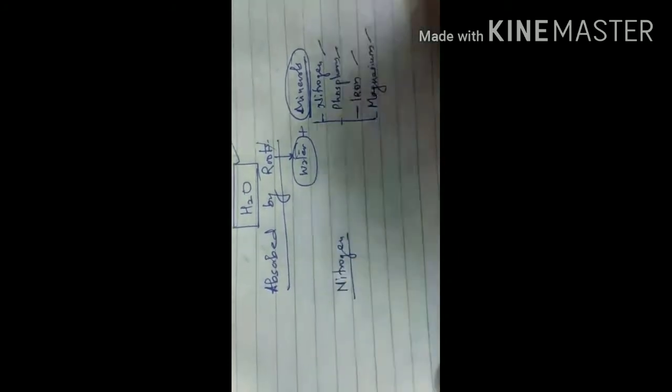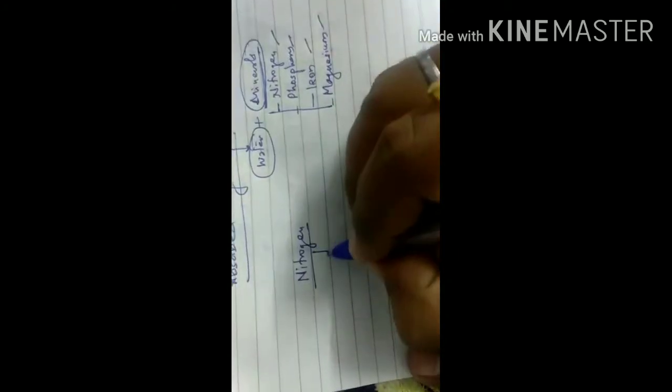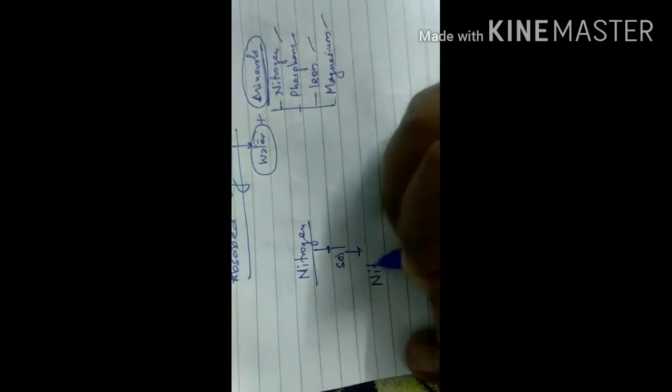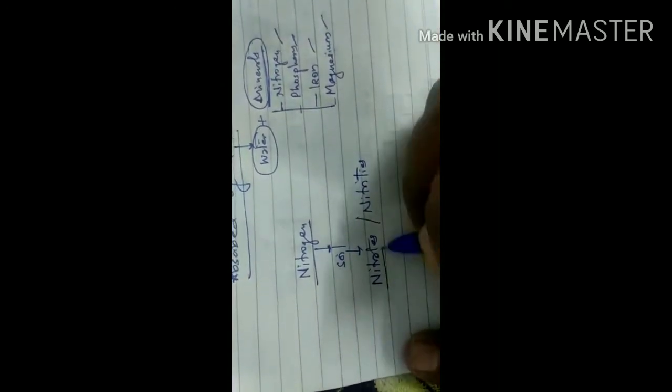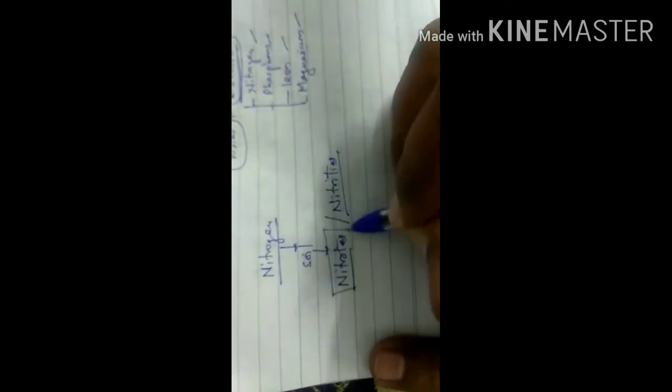In most plants, nitrogen is absorbed from the soil in the form of nitrate or nitrite. You have already learned these two terms in class 9th in the biogeochemical cycle.